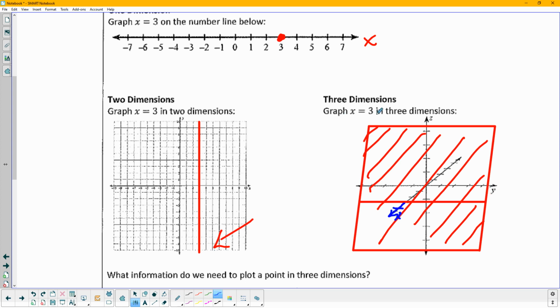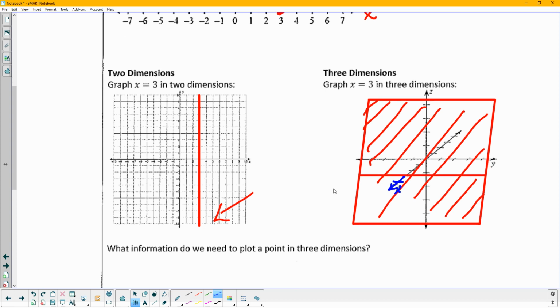So if dictating what one coordinate is describes a plane in 3 dimensions, how do I talk about a point? What information do I need? Well, I need 3 pieces of information. I need the x, I need to know what the y is, and what the z is.